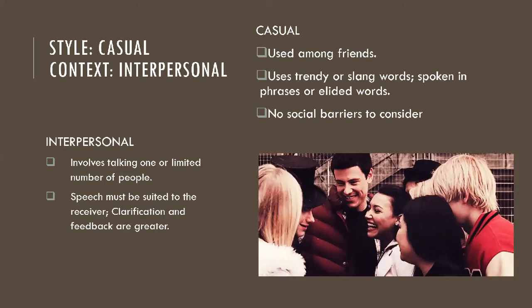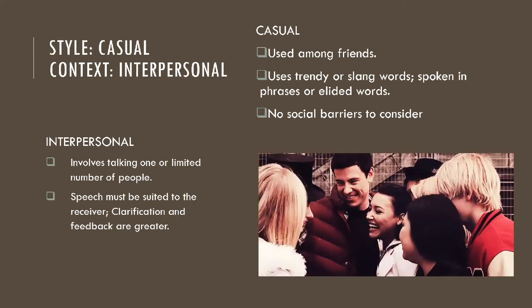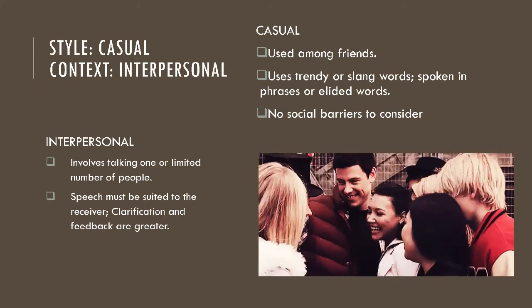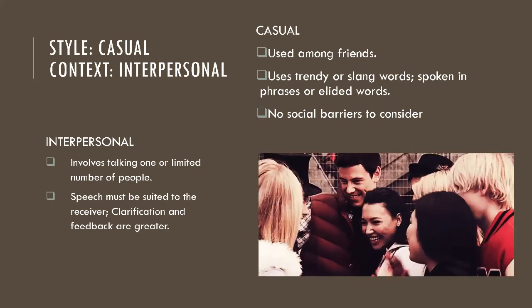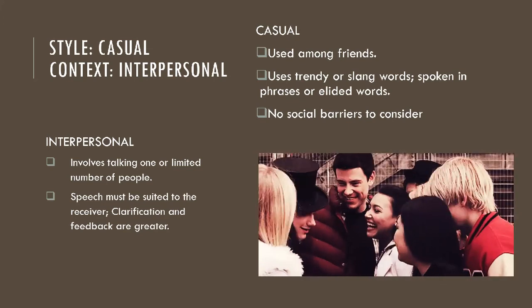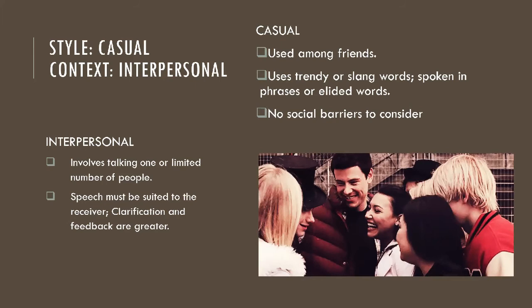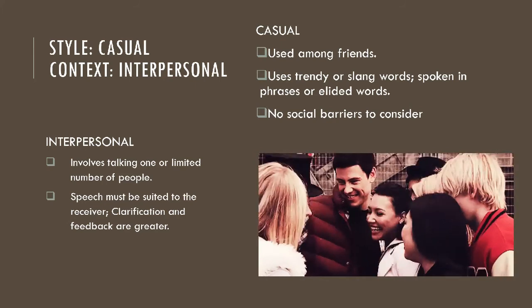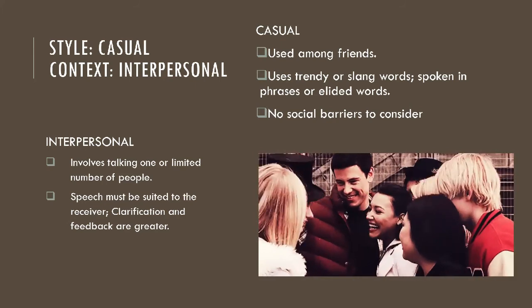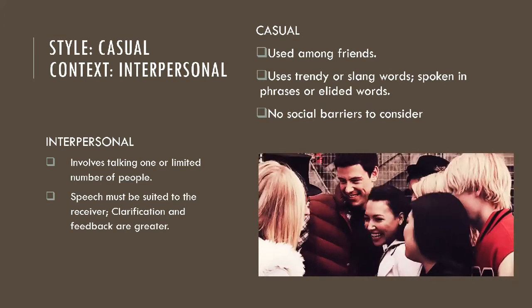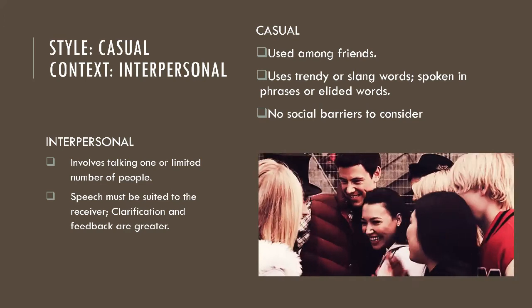Trendy or slang words, as well as phrases or incomplete sentences, are still understandable because of the sender's and the receiver's level of familiarity with each other. This is possible because of the lack of social barriers.